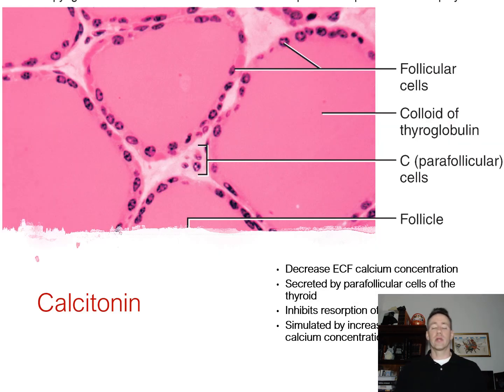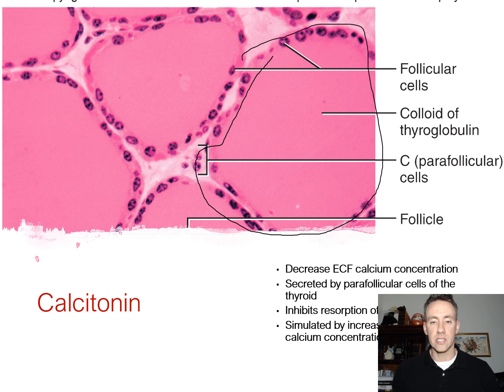Now, calcitonin would be the antagonistic hormone to parathyroid hormone, and it's located in the parafollicular cells, which are over here. This is a follicle over here, but then there's this grouping of cells right here, and those are the parafollicular cells.